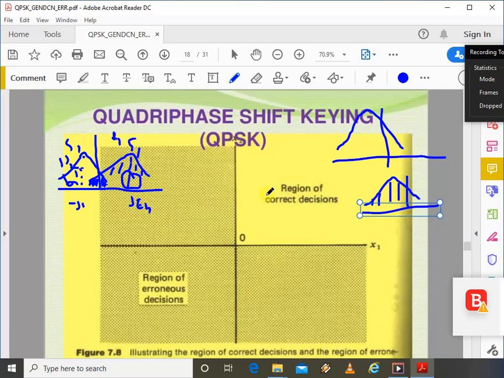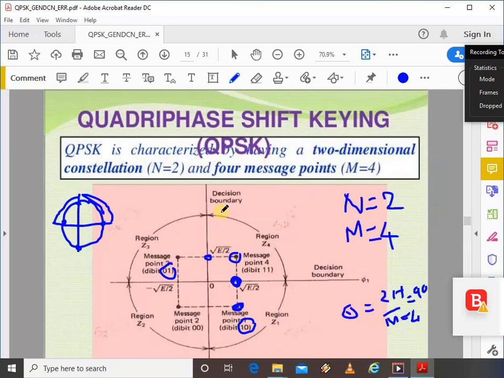Similarly, in QPSK, instead of calculating the probability of error for these 3 different regions, we calculate the probability of correct reception. If the dibit 11 falls in this region, which is defined for the dibit 11, the decision is correct.